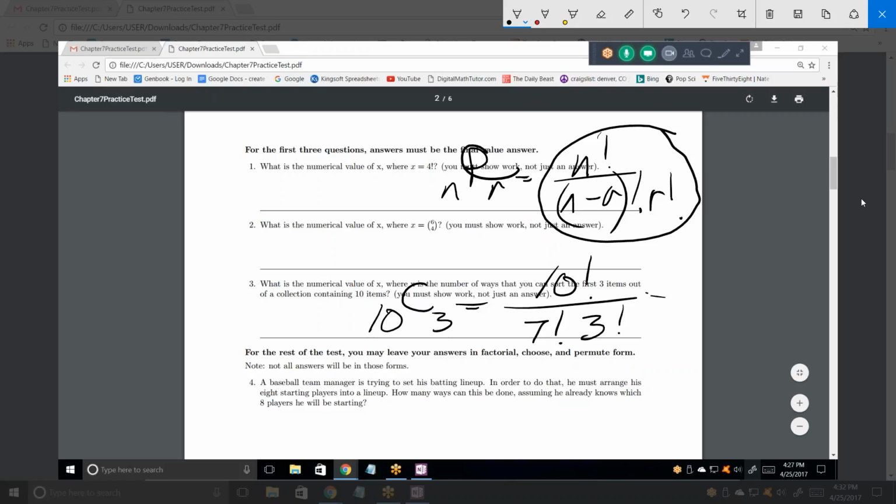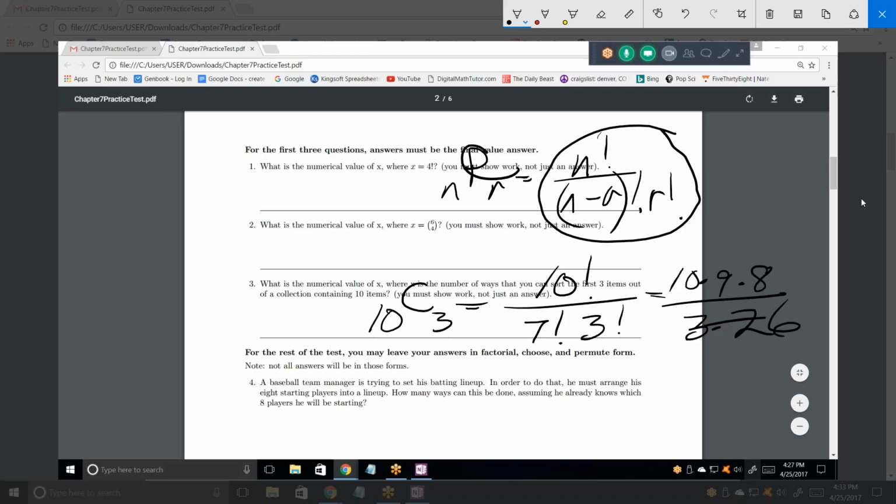Now, the way to do this is the 7 factorial cancels everything but the 10 times the 9 times the 8. That's divided by 3 factorial, which is 3 times 2. So it's really 10 times 9 times 8 all over 6.